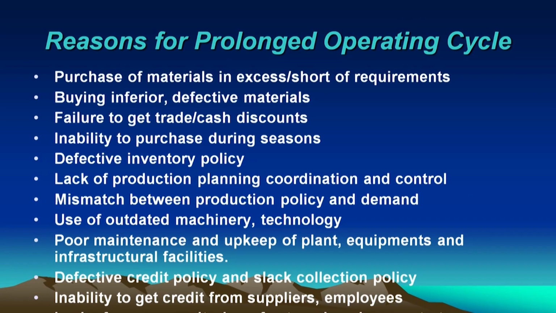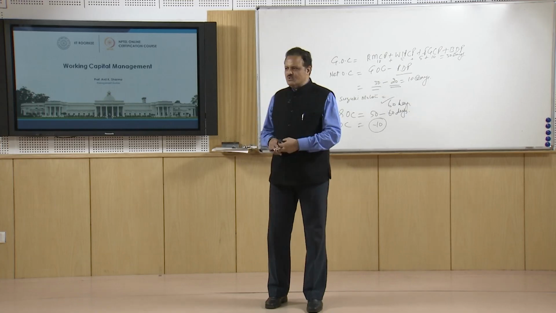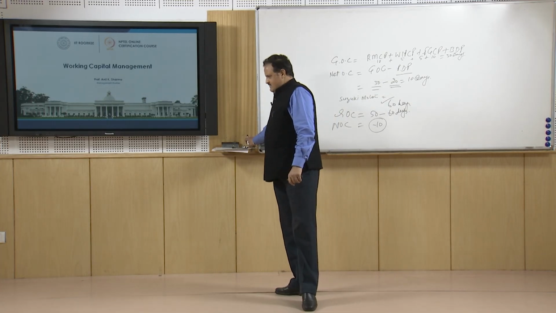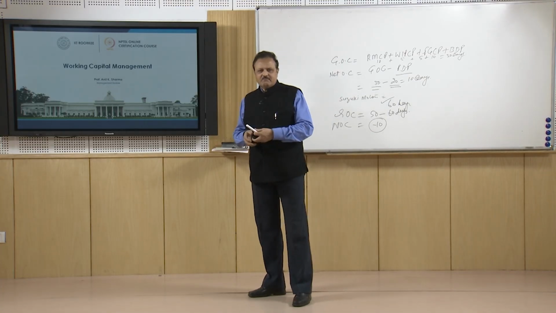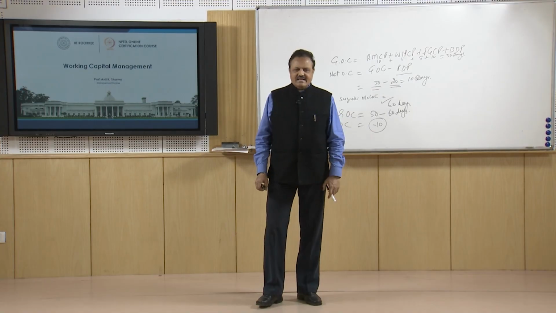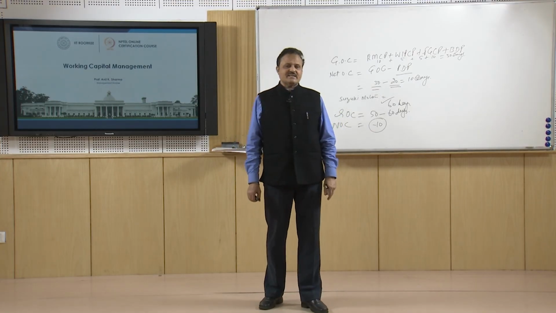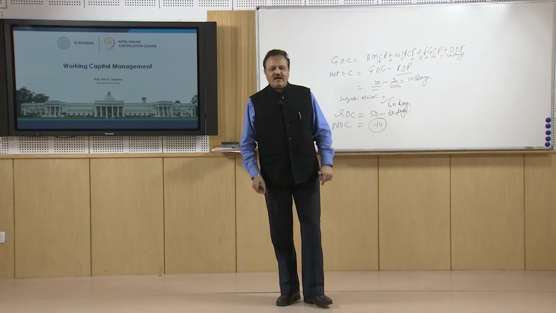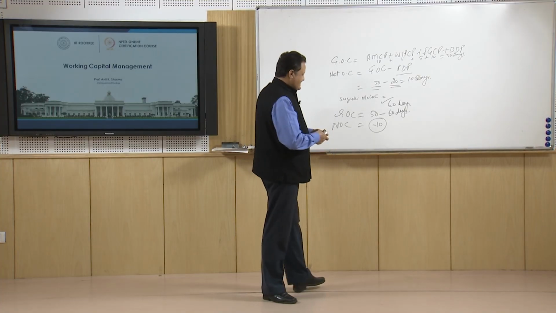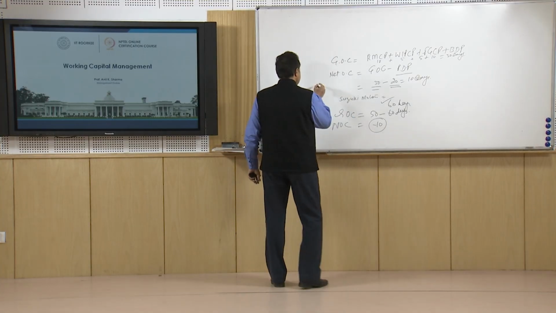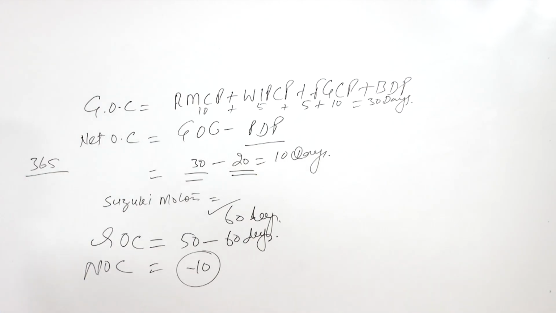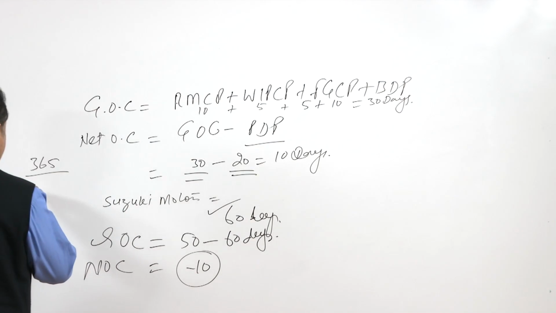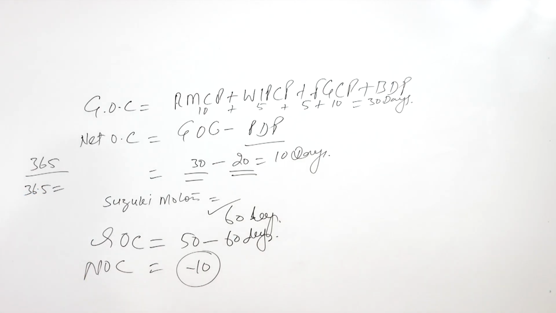Now, we will talk about how to shorten the operating cycle, because the approach of every company should be that their operating cycle should be as short as possible. Because in 1 year, how many days do we have? 365. So, for example, if some company's operating cycle is, say, 36.5 days, then in a year how many operating cycles would the company be able to complete?